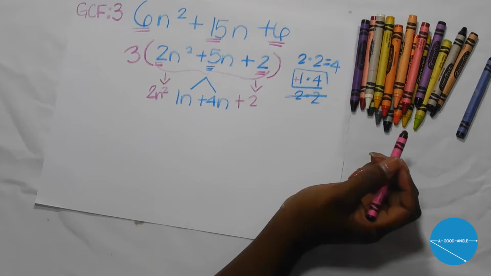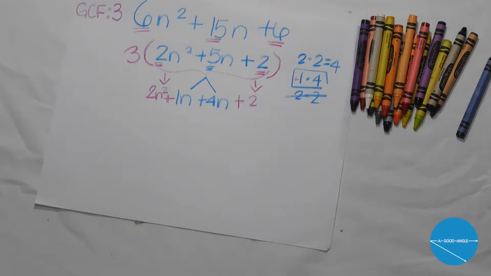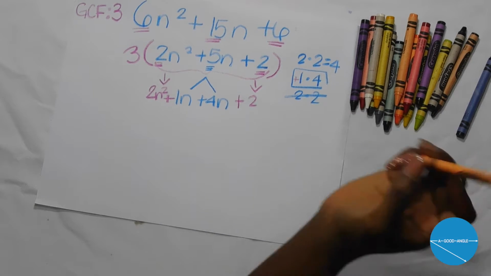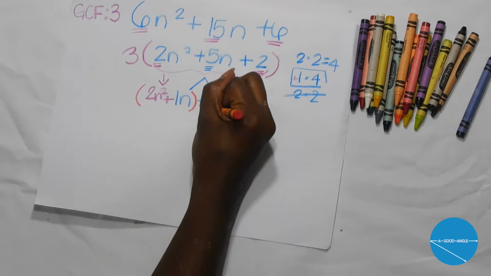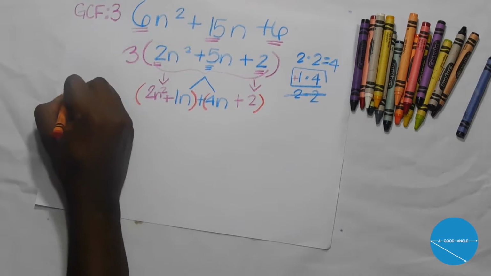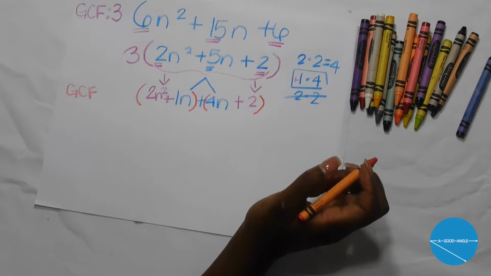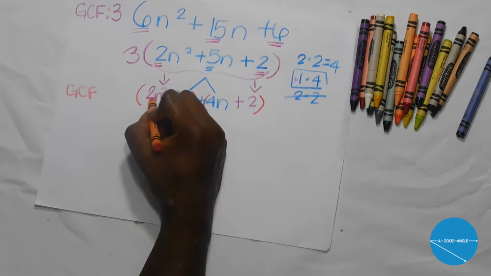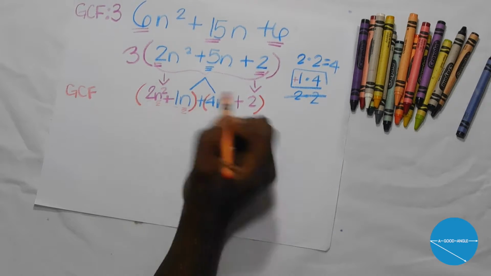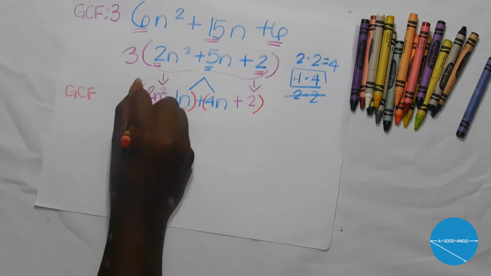And then once I bring everything else down, I'm going to group everything. So I'm going to put the first 2 in parentheses, and then I'm going to put the second 2 in parentheses. And I'm going to find my GCF out of the first 2, okay? So we've done this before, okay? So this part is normal. It's the end where you get a little bit funny.